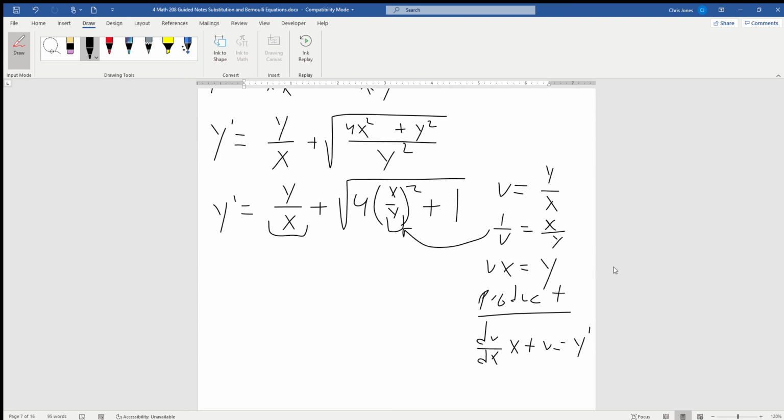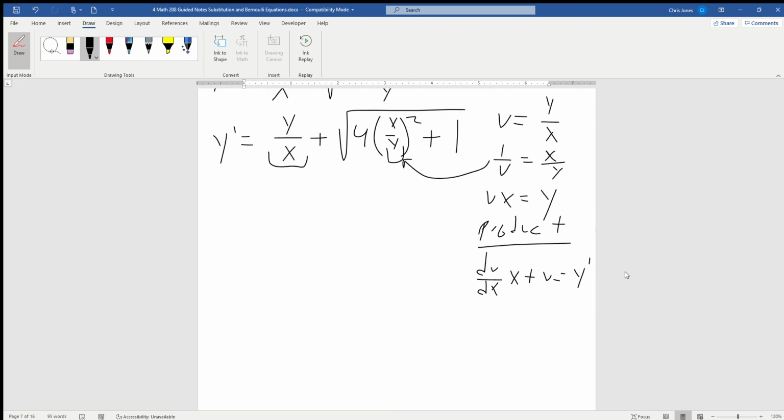All right, so let's go ahead and rewrite this. Remember, y prime is our dv dx times x plus v. On the right-hand side, y over x is v. And then we're going to add the square root of 4 times 1 over v squared plus 1.